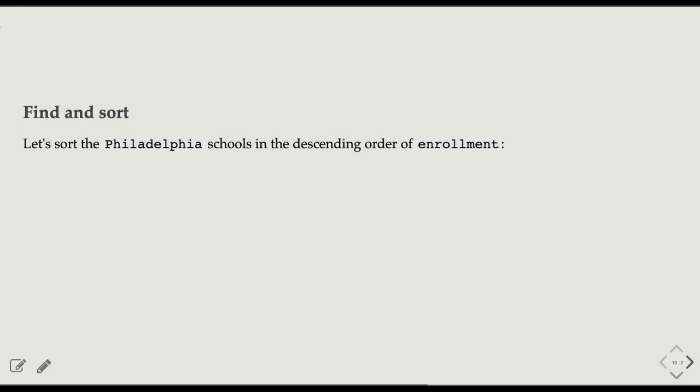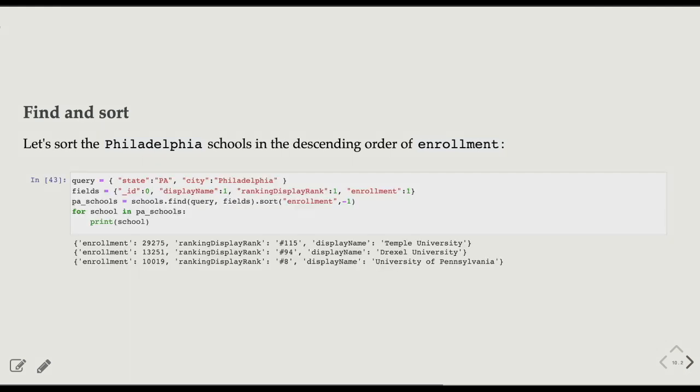Now, we have the information of 3 schools from Philadelphia. Perhaps we want to sort them in a particular order, such as the descending order of enrollment. We want to see which schools has the biggest number of students and which one has less. Okay, so what we can do is that, again, we use the same query, and for the second parameter, we just change a way of expressing it.